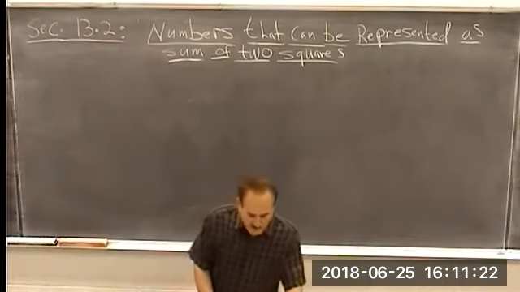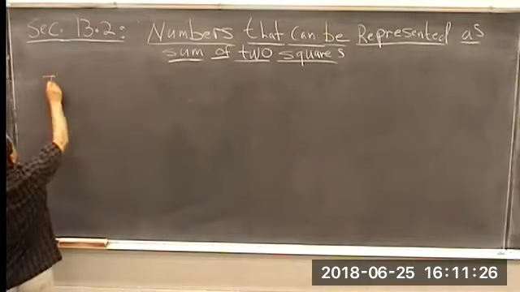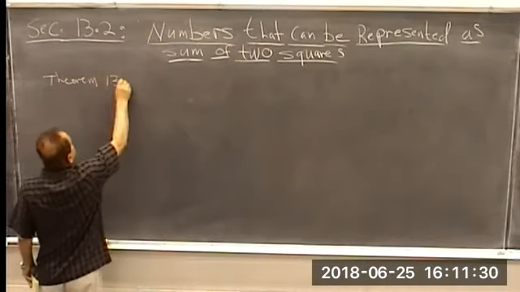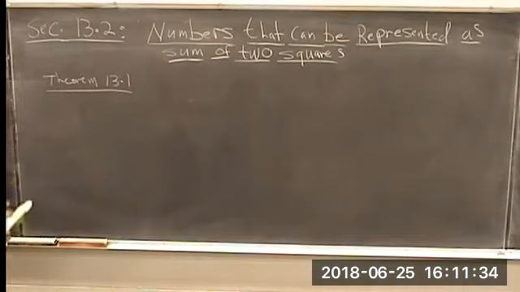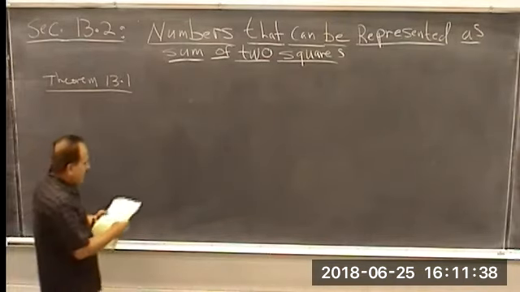So let's start with the first theorem. This is Theorem 13.1. And I want to state it a little more generally than the way it is stated in the book.